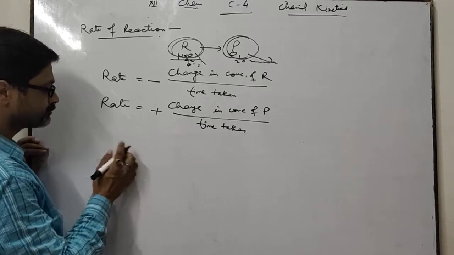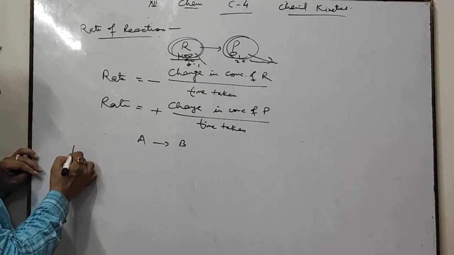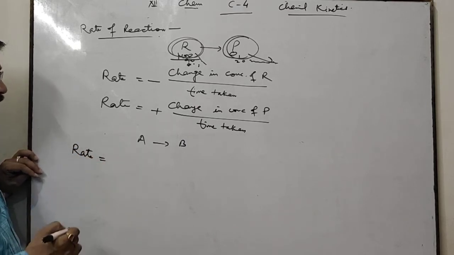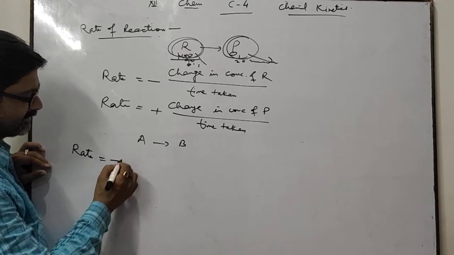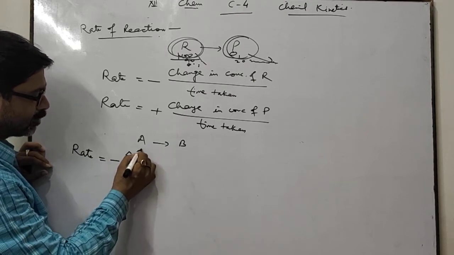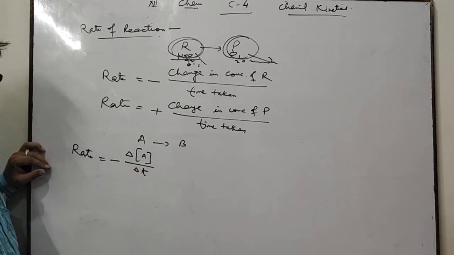See here, A gets converted to B. What is the rate of reaction for this? The rate of reaction can be written as minus change in concentration of A upon time interval.